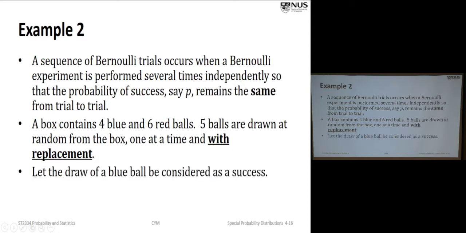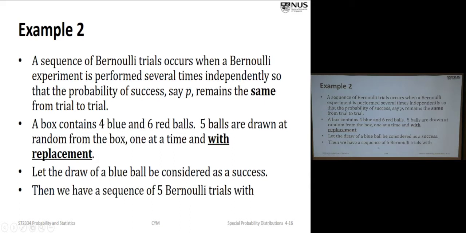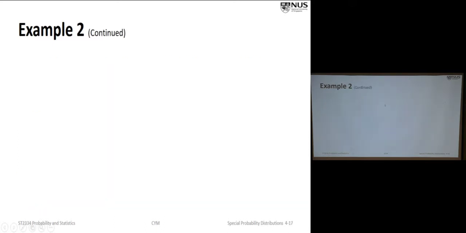So let the draw of a blue ball be considered as a success. Then we have 5 consecutive experiments, each considered as a Bernoulli trial. All right, and the probability of success is 0.4.